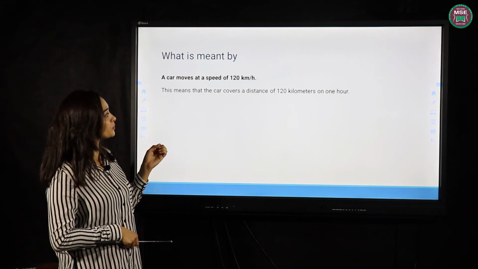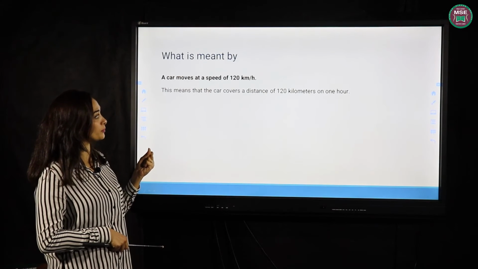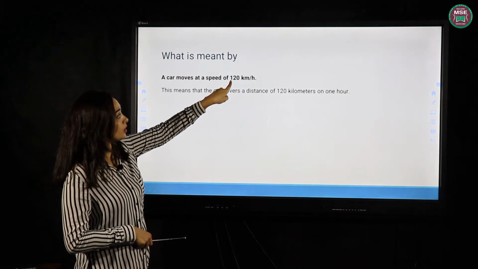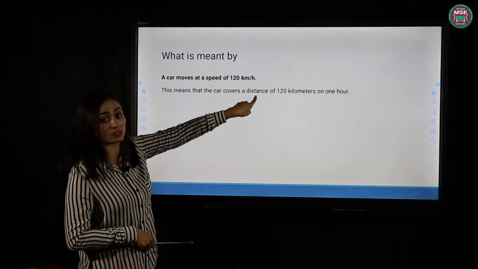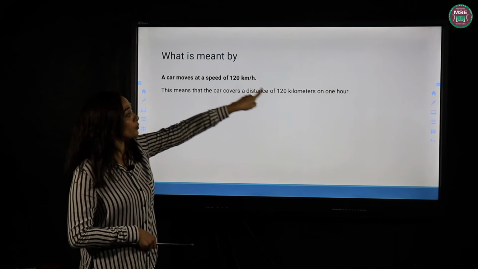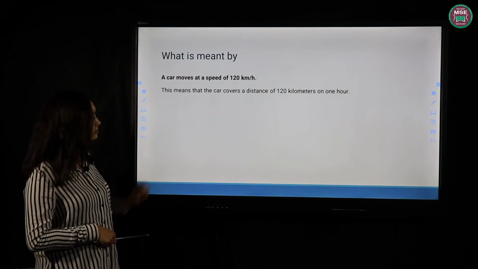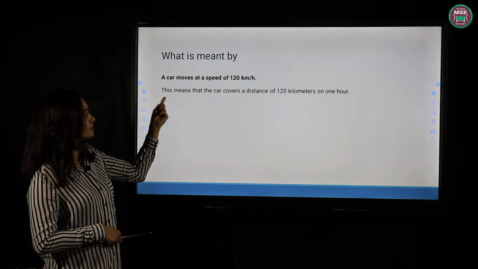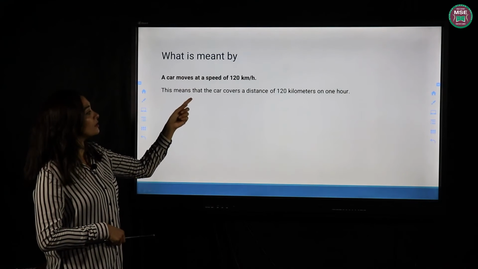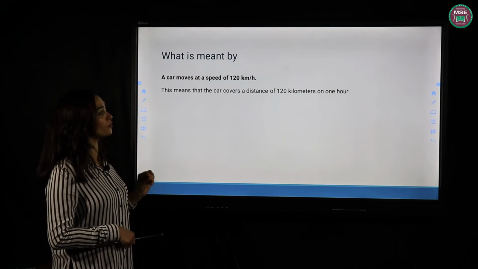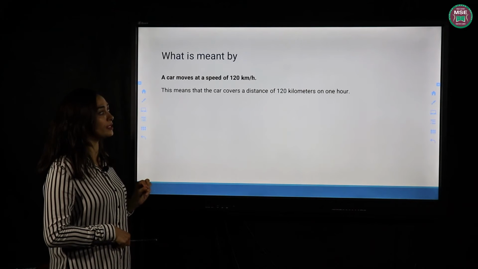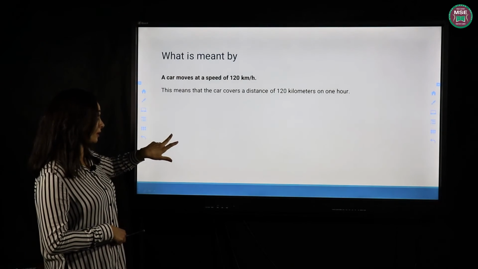The car moves at speed 120 km per hour. That means 120 km is the distance in 1 hour, which is the time. So the answer, we start with the word: this means that the car moves a distance of 120 km in 1 hour.